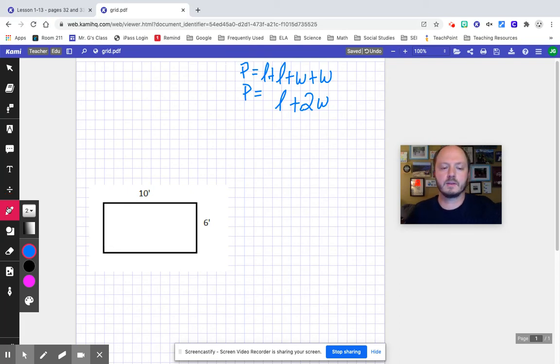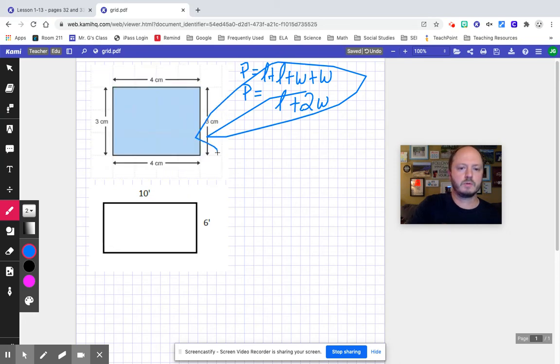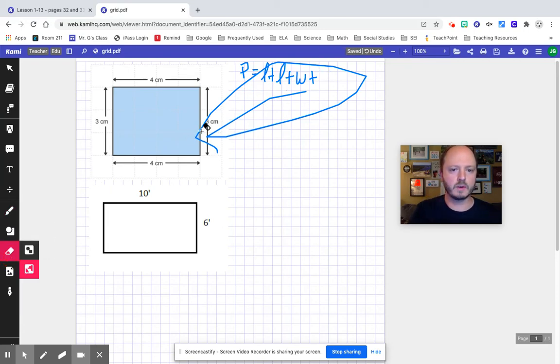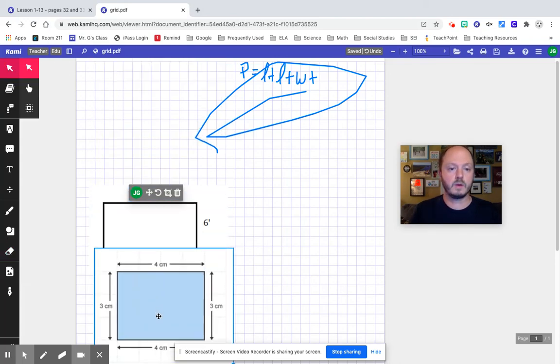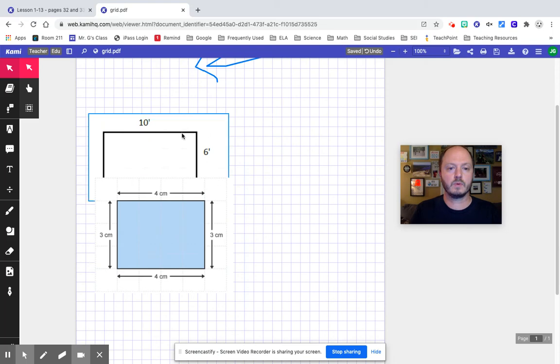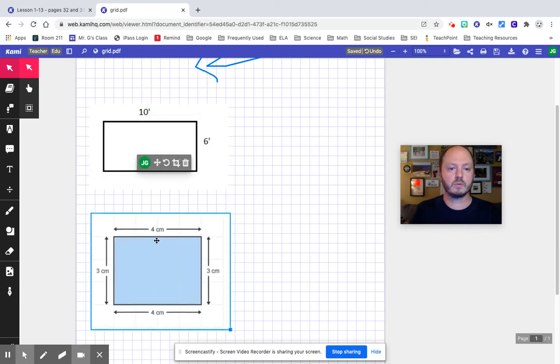Oh no, and I deleted my picture. I'm not quite sure how that one got in there. All right, well, we are going to roll with it. Okay, I'm just going to move it down here, and we are going to roll with it.